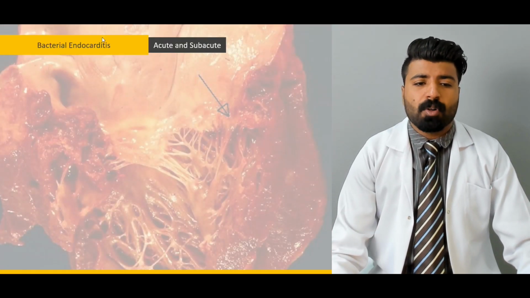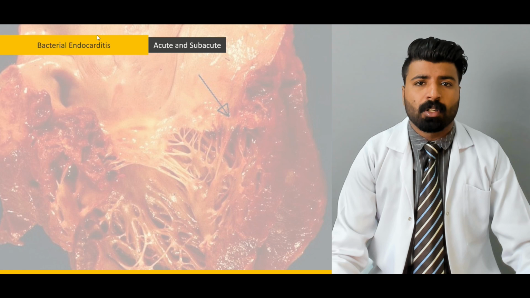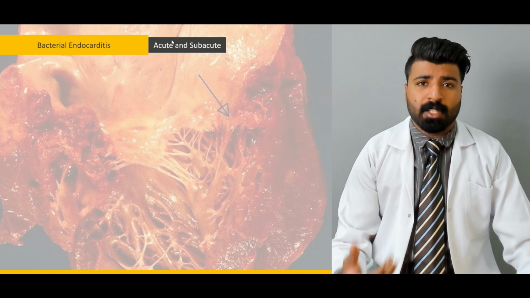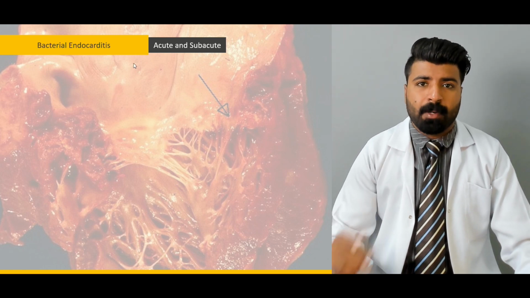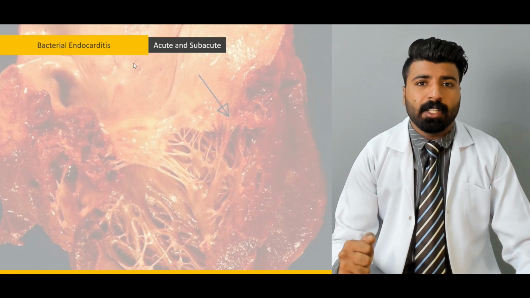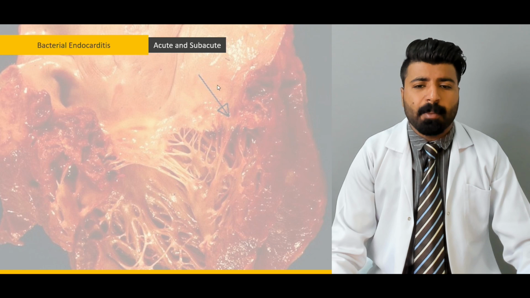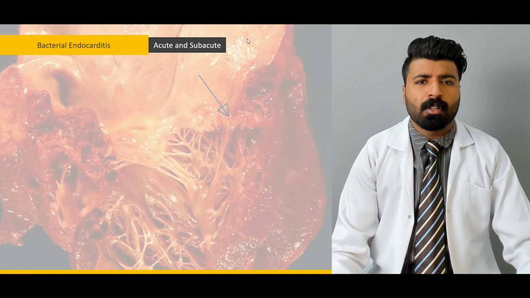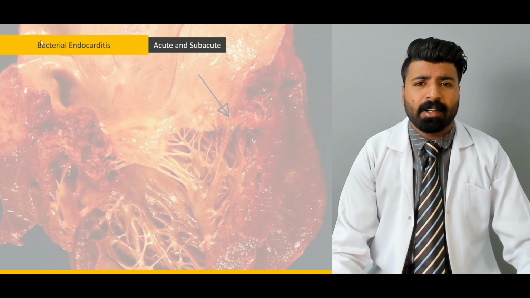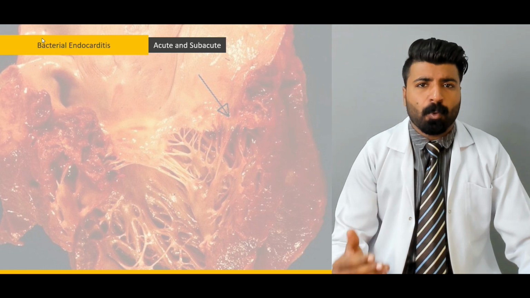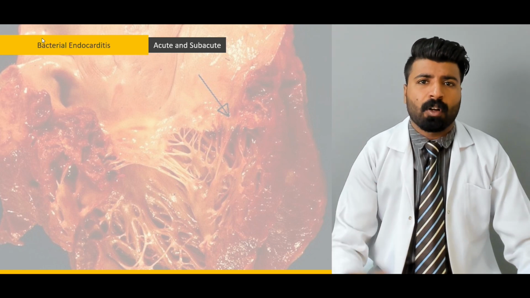Next, let's talk about the types of bacterial endocarditis. There are basically two types called acute and subacute. As the name tells you, acute means it will happen suddenly, and it will lead to its consequences suddenly. On the other hand, subacute will be a milder form of bacterial endocarditis, and it will develop over a longer time, and it will go on for a long time.